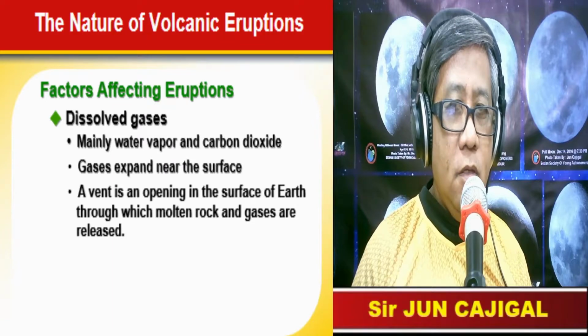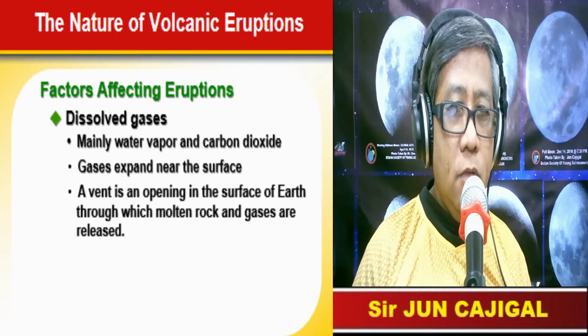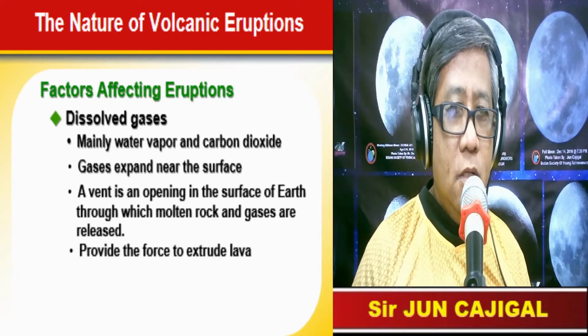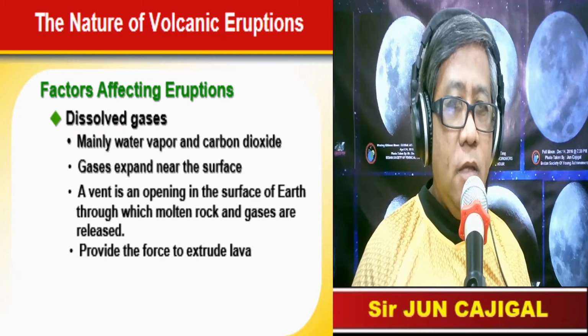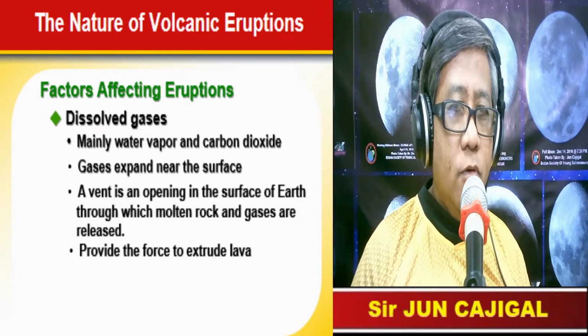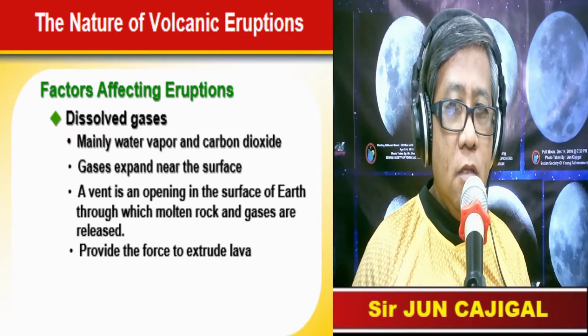Now, a vent is an opening in the surface of the earth through which molten rock and gases are released. We can also consider the crater of the volcano as a form of vent through which molten rock and gases are released. Okay? And this expansion of the gases provides the force needed for the molten rock to escape or to be released out of the volcano.